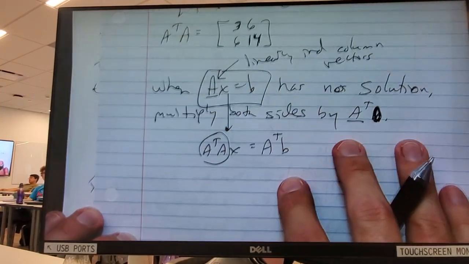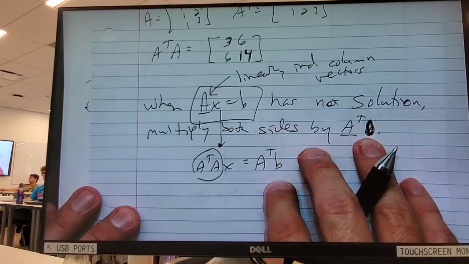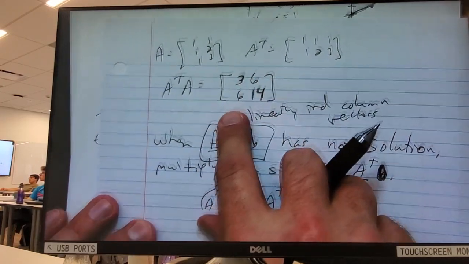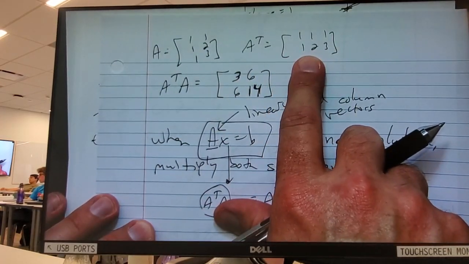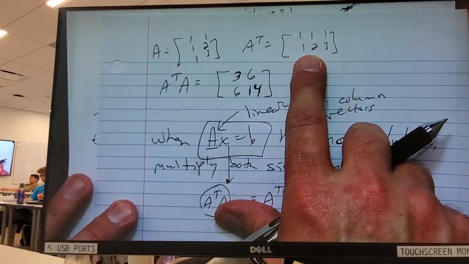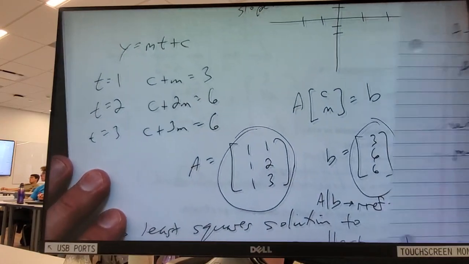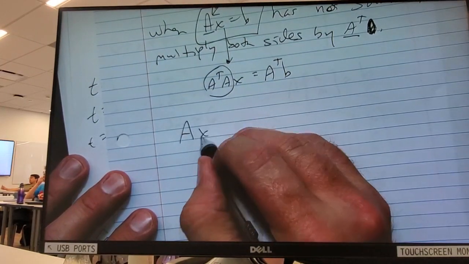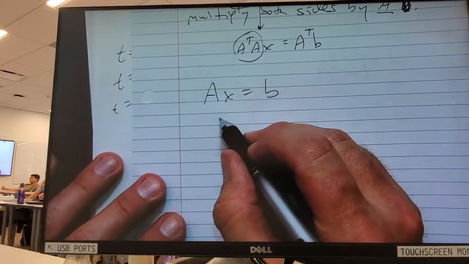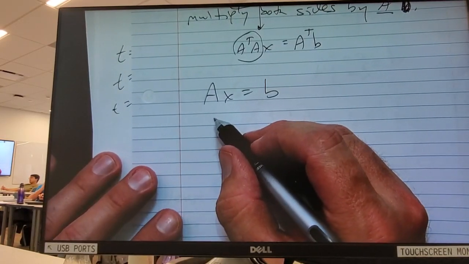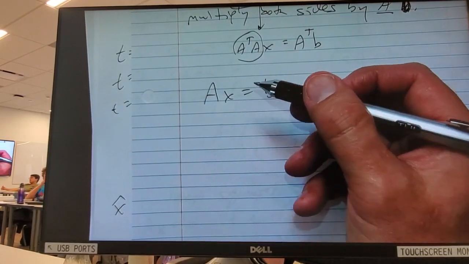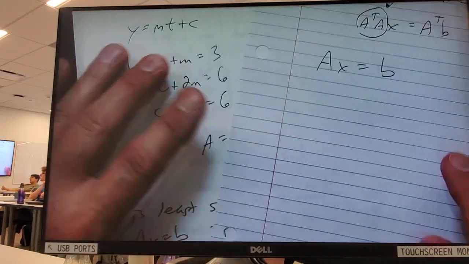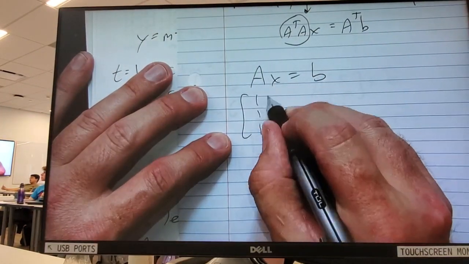So, coming back to our problem. Here's A transpose. And here is our original problem. Where'd my A go? Here it is. 1, 1, 1, 1, 2, 3.